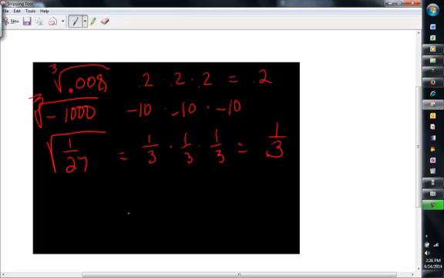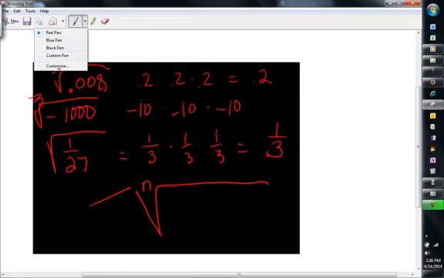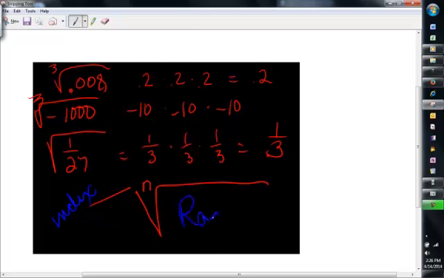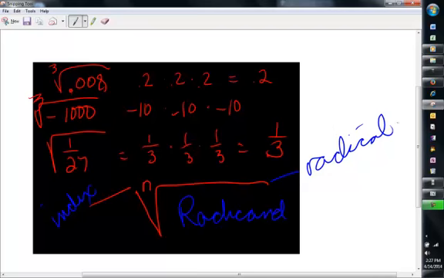In a radical expression, I'm on the middle of the page, this number here is called the index. This number here is called the radicand. And this sign here is the radical sign. So, I'm on page 364.